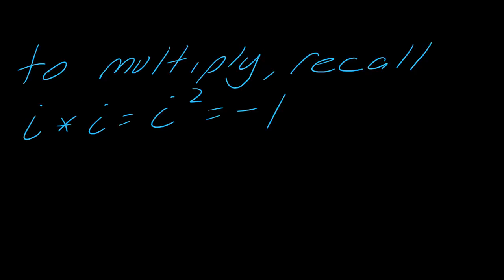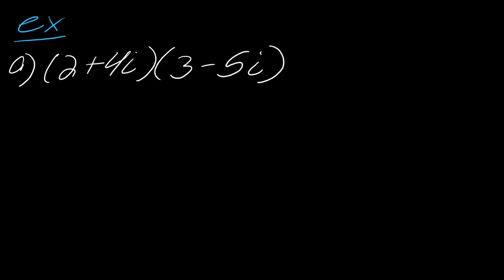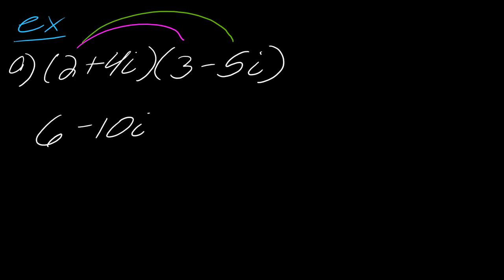Now, when you multiply imaginary numbers, a lot of times it's just going to feel like foiling. The thing to remember, though, is that when you have i times i, that is i squared, which becomes -1. So just to refresh your memory on that. So we're going to multiply these together. First I'll multiply the 2 times the 3, which is 6. Then I'll multiply the 2 times the -5i, which is -10i.